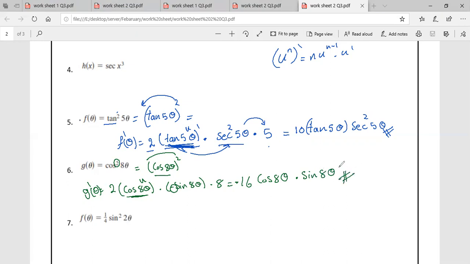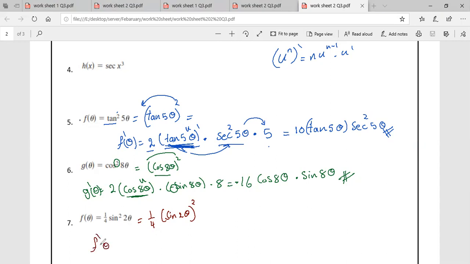I think it's so trivial. Okay, let's solve the following one. Look with me here. By the same way, I know the exponent above what? The exponent of the function. I can rewrite it as 1/4, this constant, sine 2 theta all to power 2.